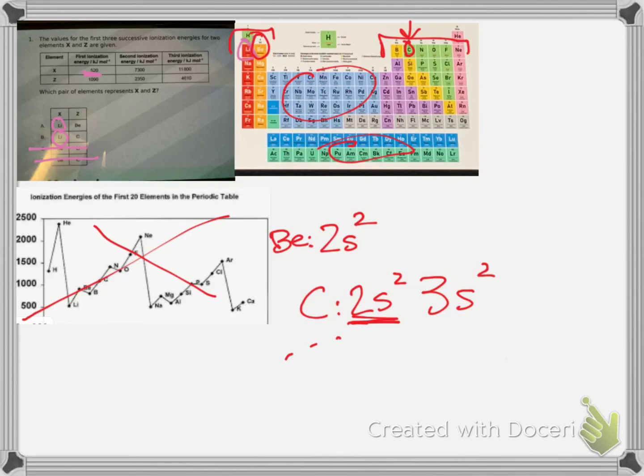Therefore, beryllium specifically does not satisfy the first ionization energy given right over there. Because of these options being so easy to deduce from the periodic table, we don't really have to deduce second and third ionization energies. We could only look at the first and second.